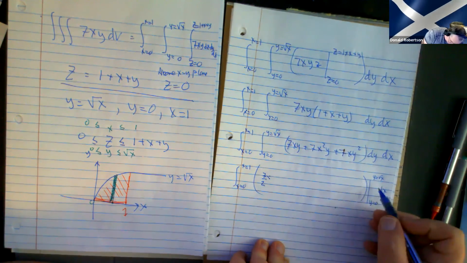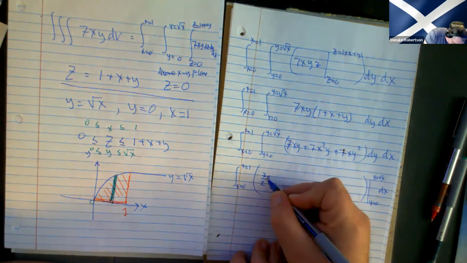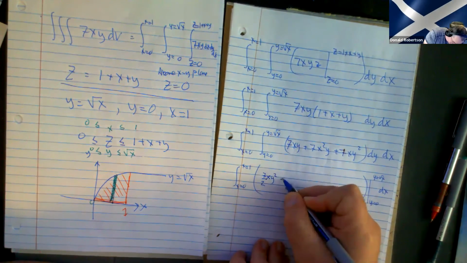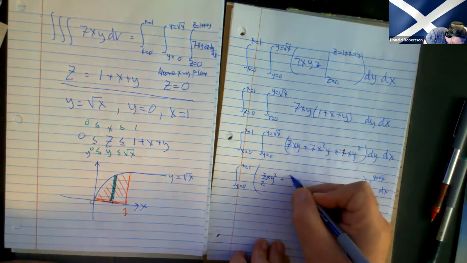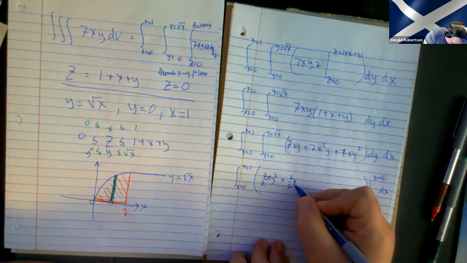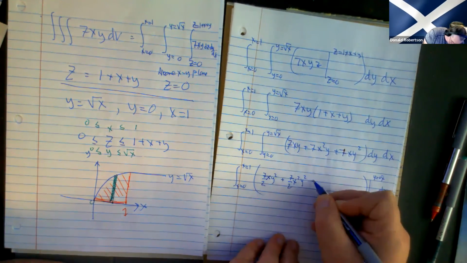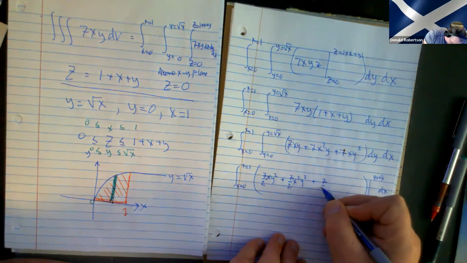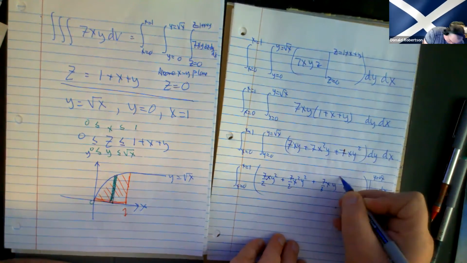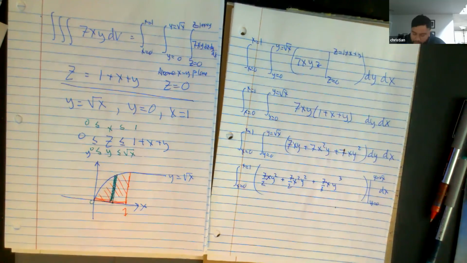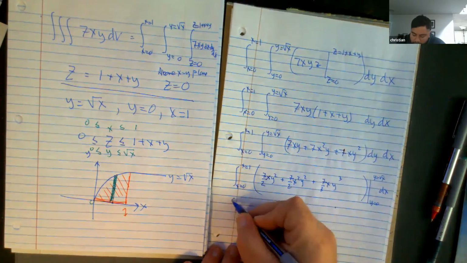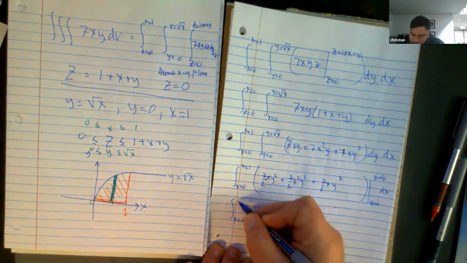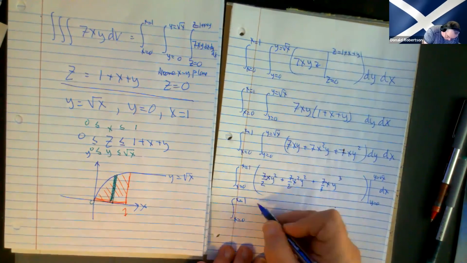With respect to y, you're going to get 7 over 2 xy squared. This guy is going to get 7 over 2 x squared y squared. And this guy's going to get you 7 over 3 x y cubed. Does that look right? Yes. Okay, so you're well on your way to doing this correctly.